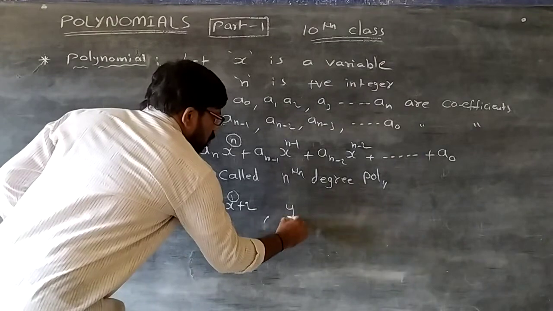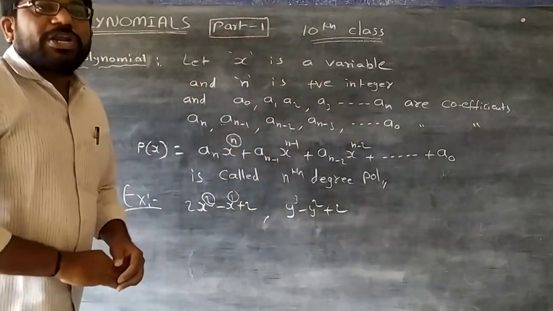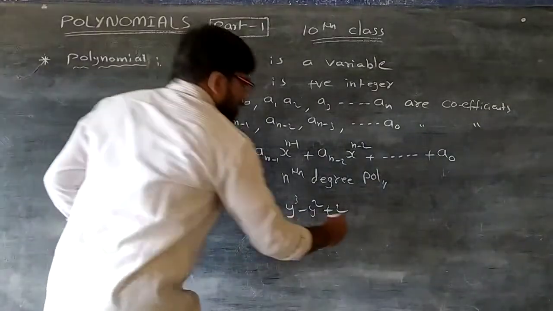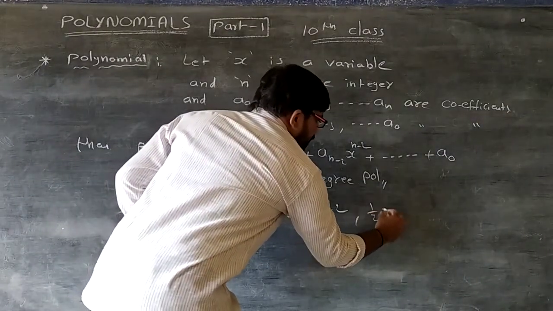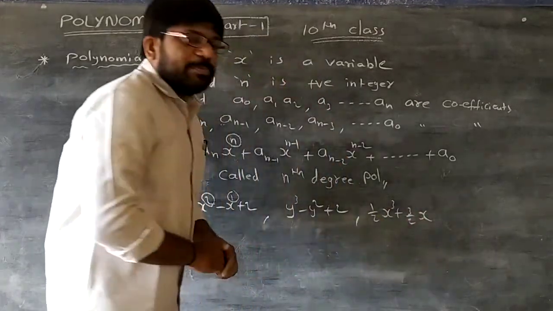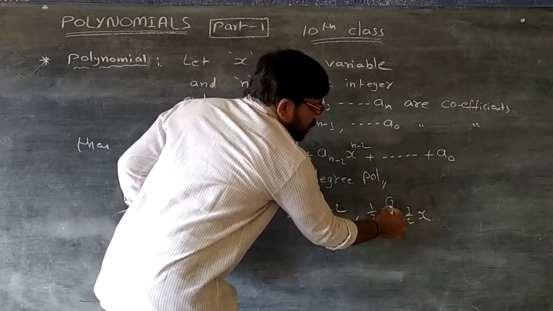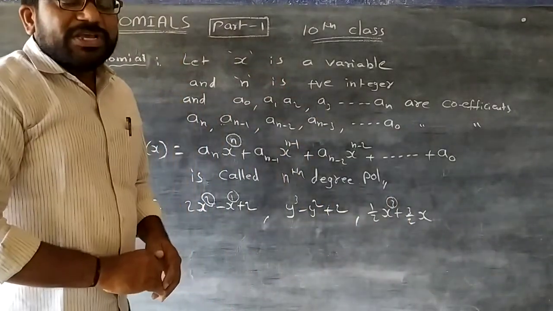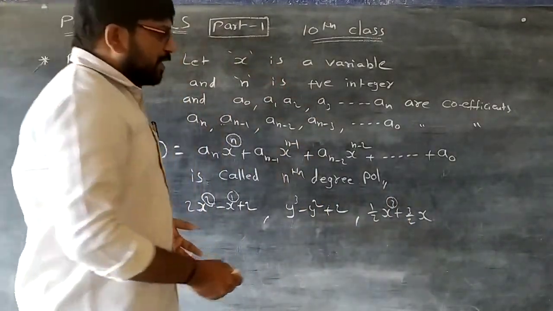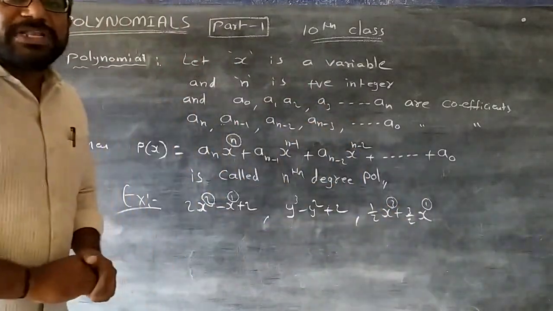Next, y cube minus y square plus 2. It is also a polynomial. And 1 by 2 x cube plus 3 by 2 x. It is also a polynomial because the variable has a positive integral power. Here also 1 is there. These are all polynomials.